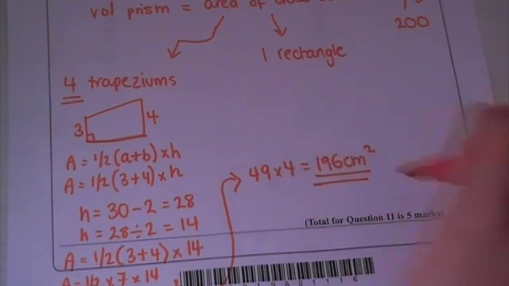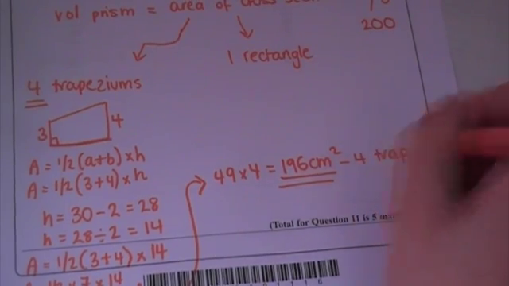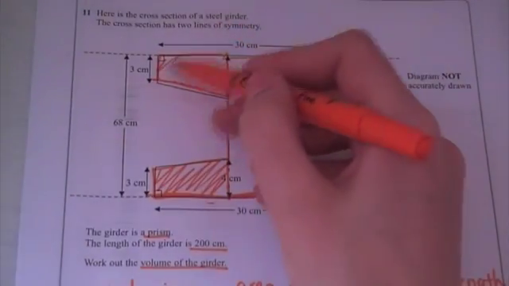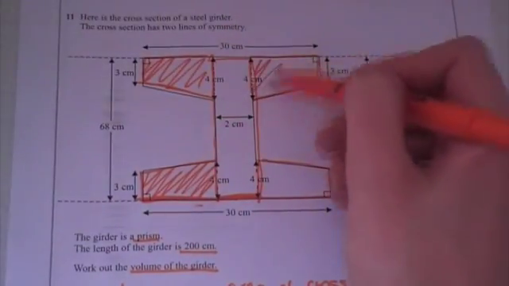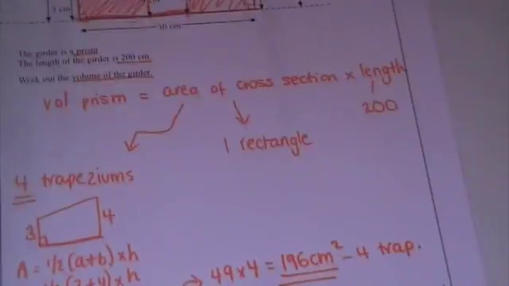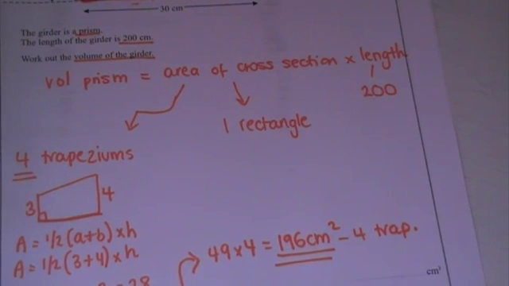So we're going to stop there. That is our area of the 4 trapeziums. So this plus this plus this plus this has given us 196 centimetres squared.